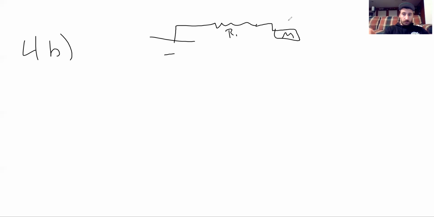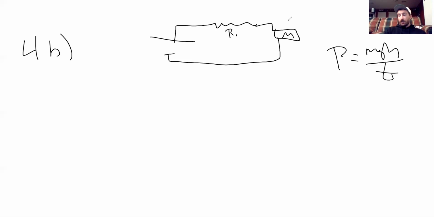Motor. All right. How should the resistor of resistance R2 be added in the circuit for time to decrease? In other words, we want more power because we want the time to decrease, right? If we remember our equation, this stays the same, this stays the same.